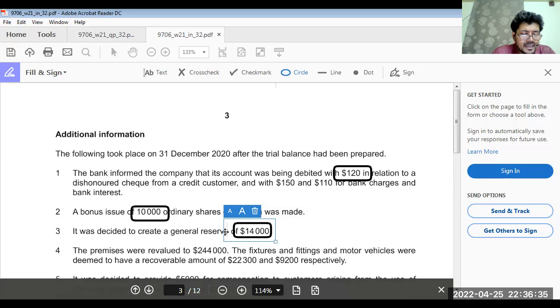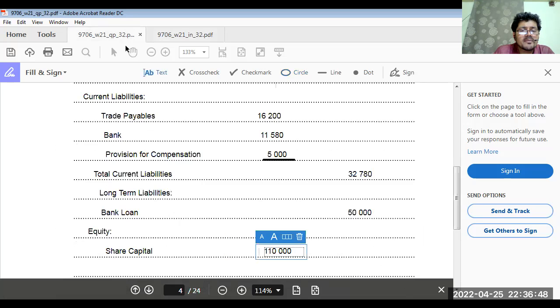Okay. And 10,000 for bonus. 49,732 is the amount of retained earnings to be reported in the balance sheet. Retained earnings, how much? 49,732.